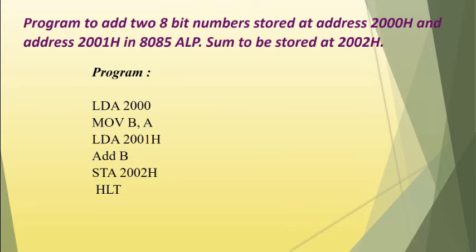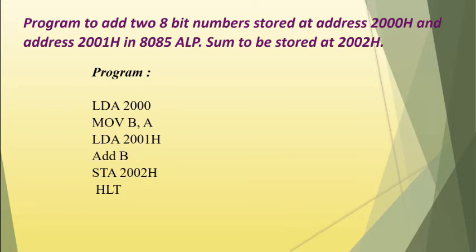Thereafter, we'll store this particular number into some register, let us say B. So for that we have to move or copy the contents from accumulator to B. For that the command is MOV B, A. Thereafter we have to load the second number into accumulator. For that the command is LDA 2001H.